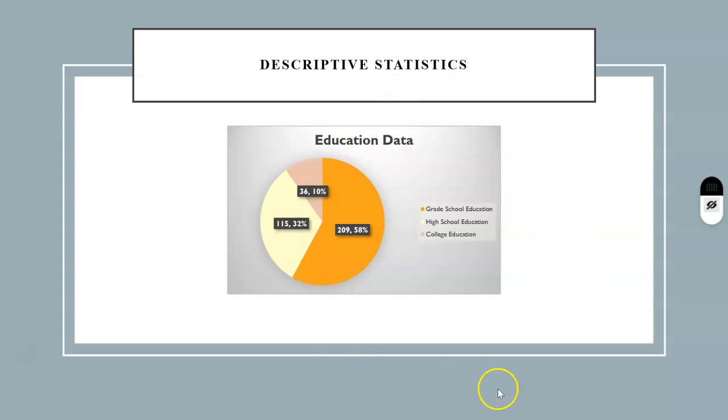So you will get the pie chart for the given data like this one, which represents 209 and 58% for your grade school education, 115 which is 32% as high school education, and 36 which is 10% that is college education.